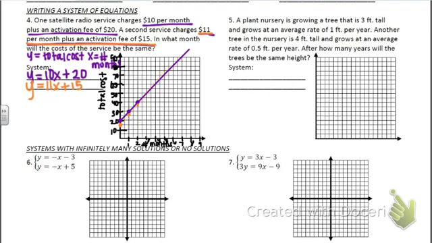Yikes. Let me try that again. There. Okay. So it's pretty cost effective to choose plan 2 for a little bit, right? And then it gets too expensive. They should have crossed at 5 months.